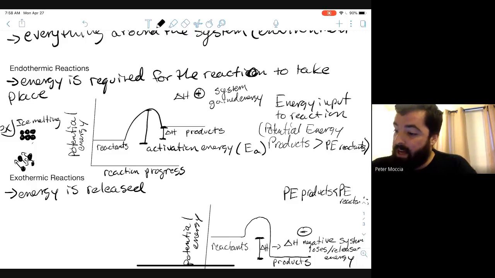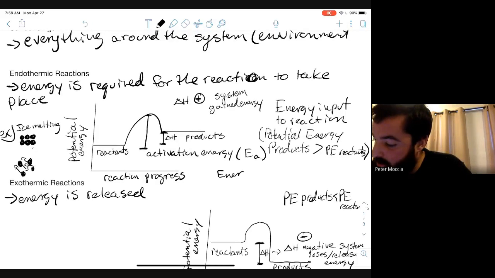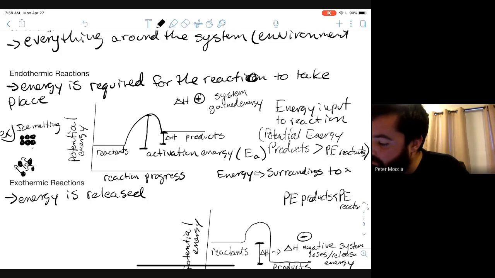Okay, so for an endothermic reaction, energy goes from the surroundings to the system.